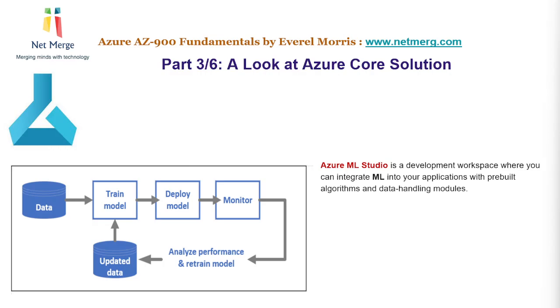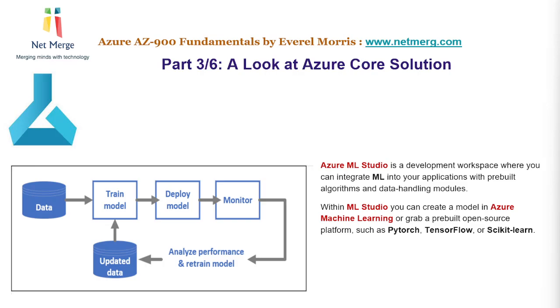Again, ML Studio is a development workspace where you can integrate ML into your application with pre-built algorithm and data handling modules. So your machine learning needs specific tools and a special skill set. Within the ML, you can create a model in Azure Machine Learning or grab a pre-built open source platform such as services from PyTorch, TensorFlow, or Scikit-learn.